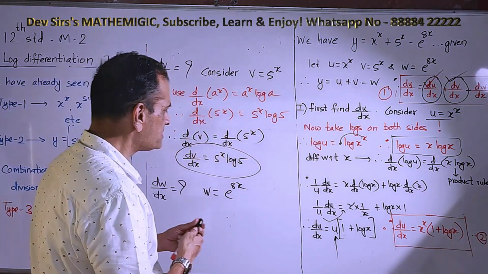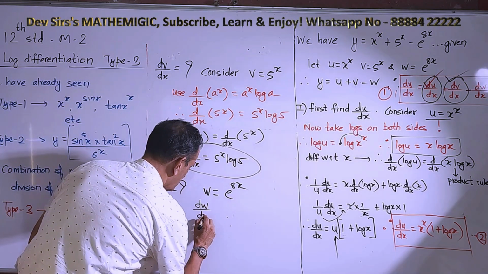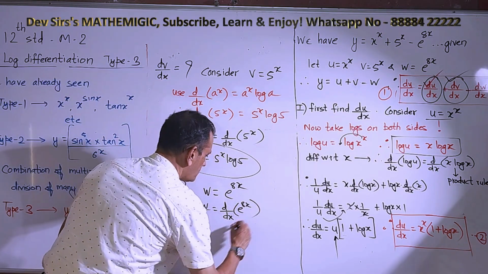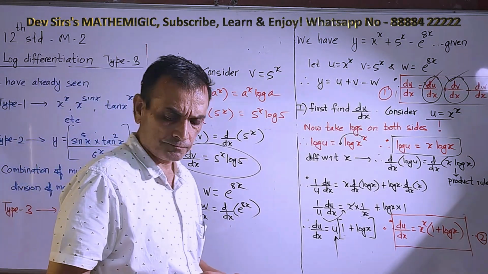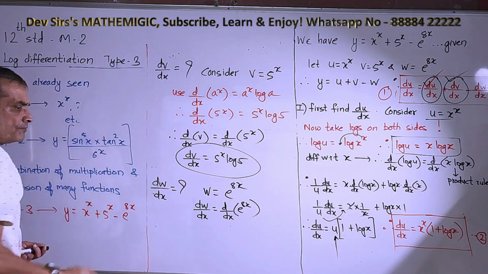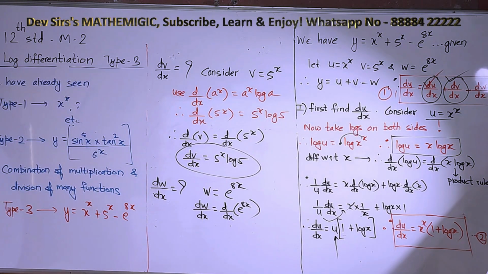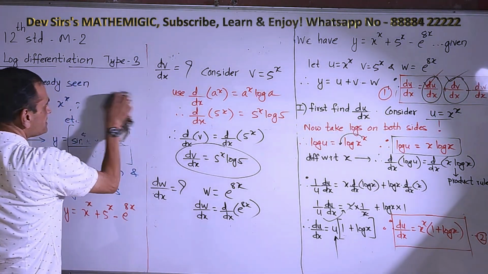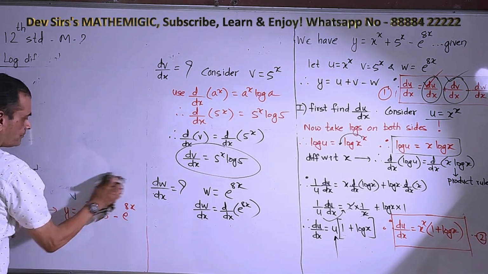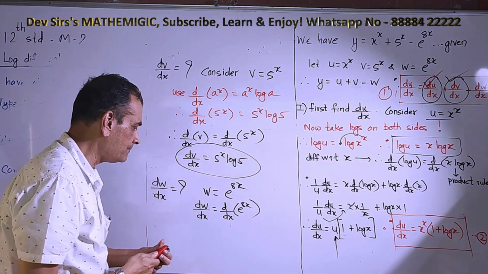First we'll differentiate on both sides. दोनों तरफ डेरिवेटिव लिया, क्या आता है देखो. Which formula? Derivative of e raised to x is e raised to x. Okay, so I'll write the formula.